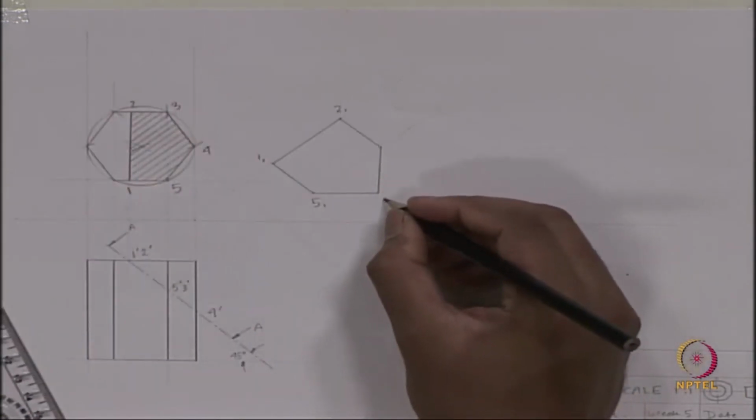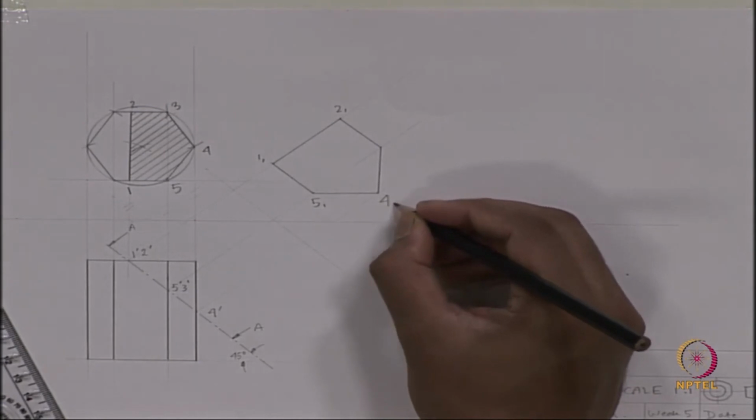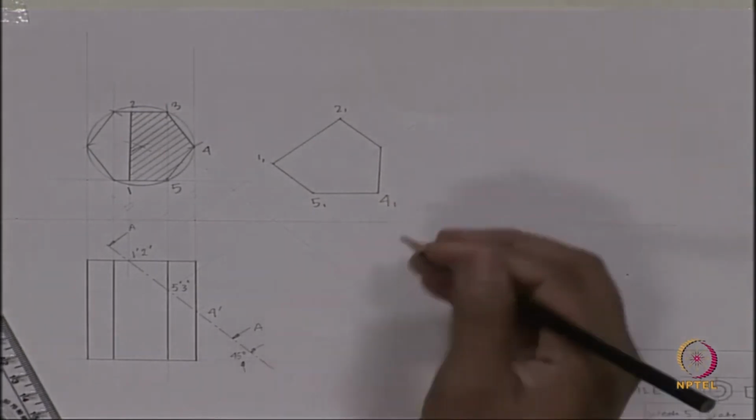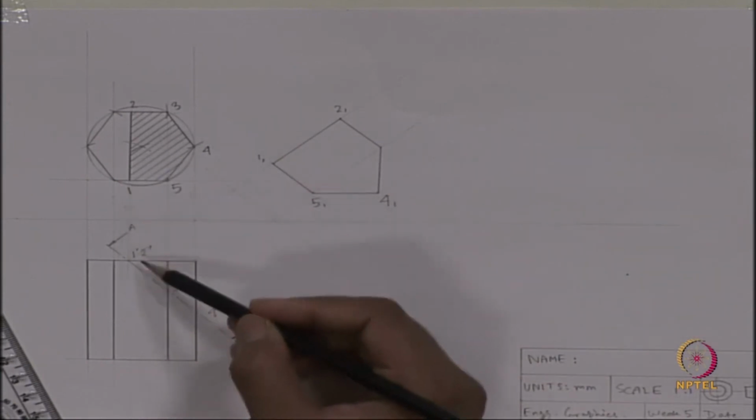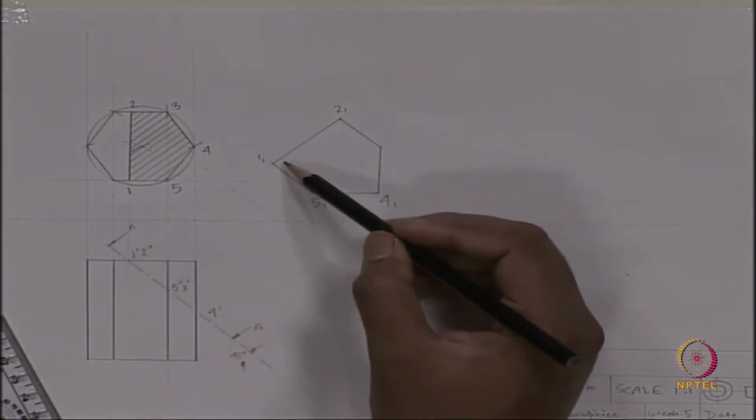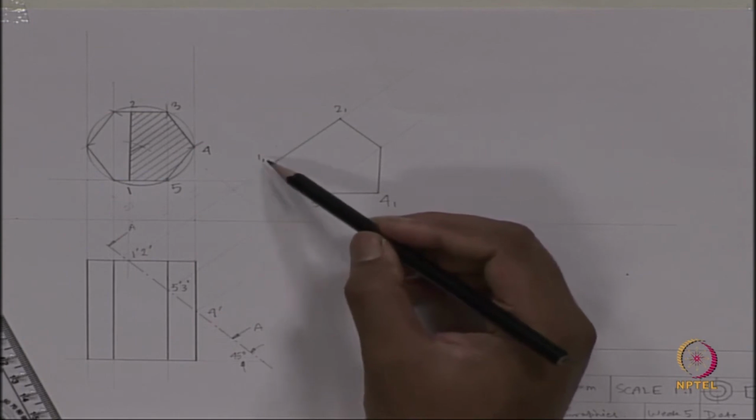This is the auxiliary view of point 4. All the superscript we will be using here in case of auxiliary views. Point 1 here, point 1 here in the front view, and point 1 here, point 1 here in the auxiliary view.